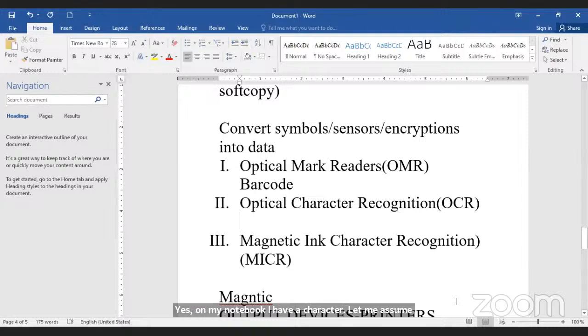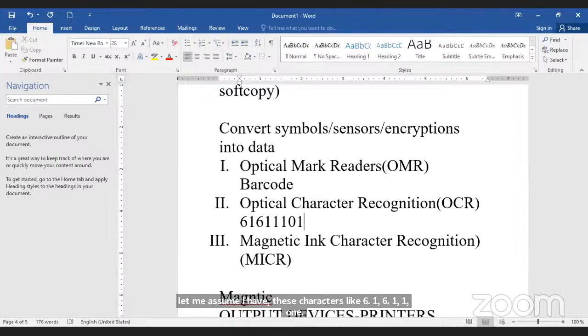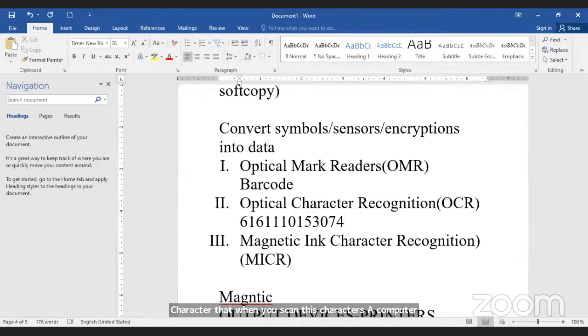Let me assume I have these characters like 6, 1, 6, 1, 1, 1, 0, 1, 5, 3, 0, 7, 4. So this is a character code that when you scan these characters, a computer can interpret that this is a KUC notebook A4.